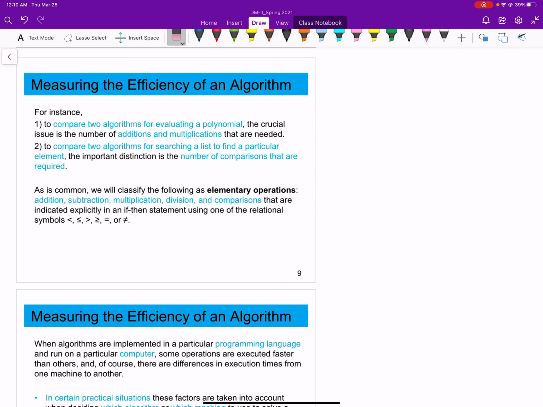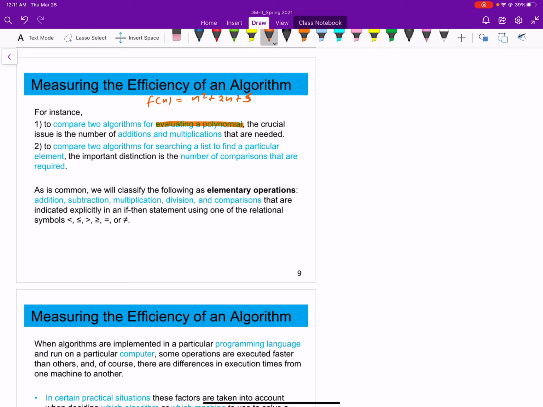For instance, consider comparing two algorithms for evaluating a polynomial. Let's say you are given this polynomial: n square plus 2n plus 5.